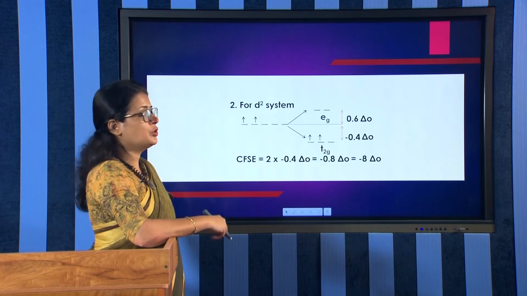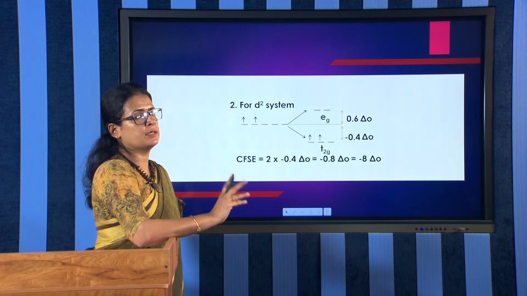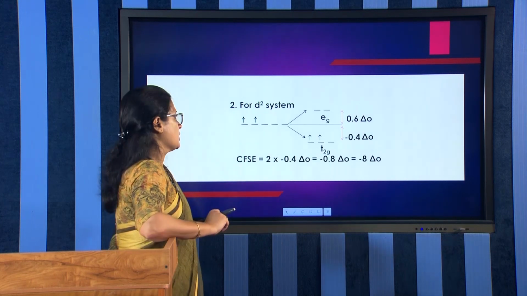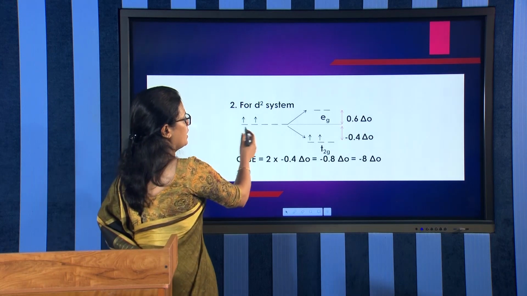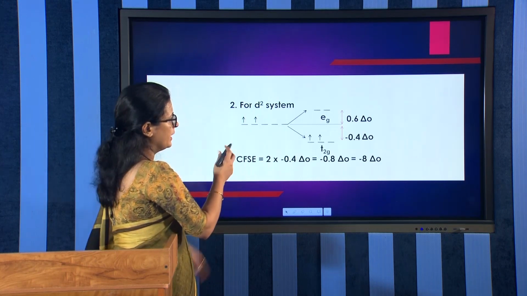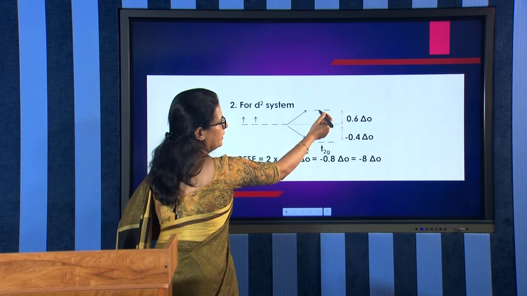D2 system. D2 means 2 electrons in the d orbitals, a central metal atom which is having 2 electrons in the d orbital. Now, the d orbitals are degenerate, 5 d orbitals in the absence of ligands. When ligands are coming, it will be splitted into two, T2G and EG.